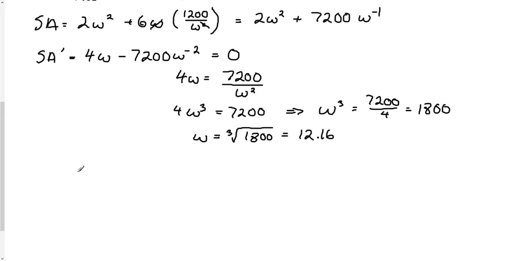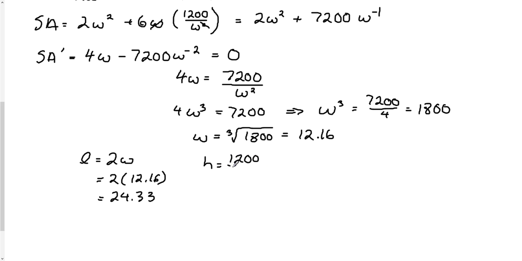So to get our length, we'll remember that our length was just 2 times the width. So that'll be 2 times that 12.16. So that is going to be 24.33. And our height, well, we had come up with an expression for height from our volume equation.